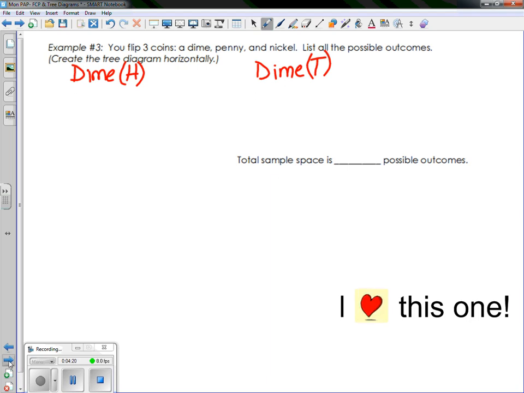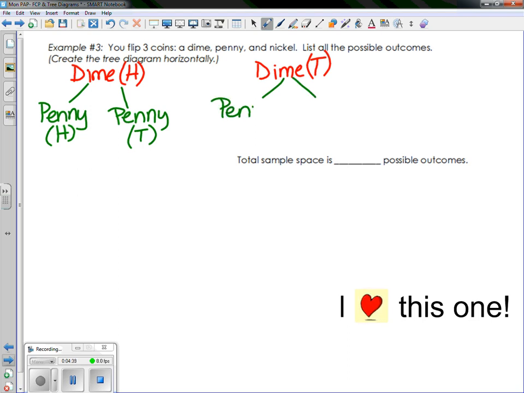Then we have a penny. On the penny, we could get a head, or the penny could land on a tail. For if we had a dime tail, we could get a penny heads or penny tails. And we also had a nickel.